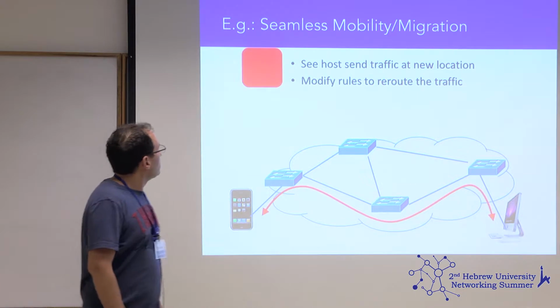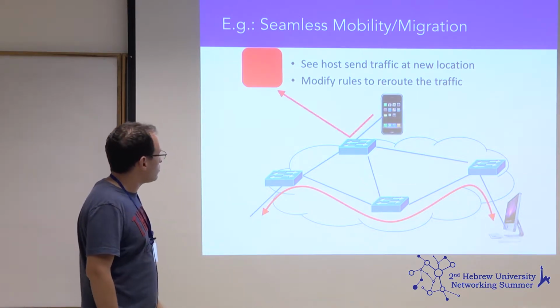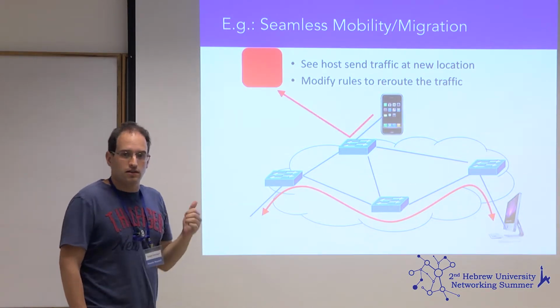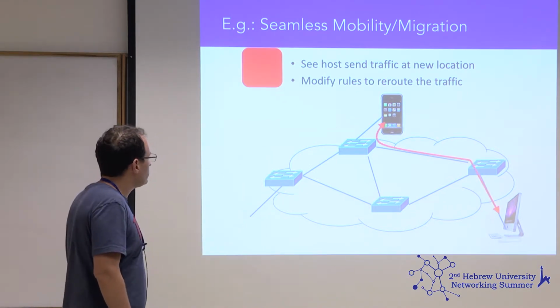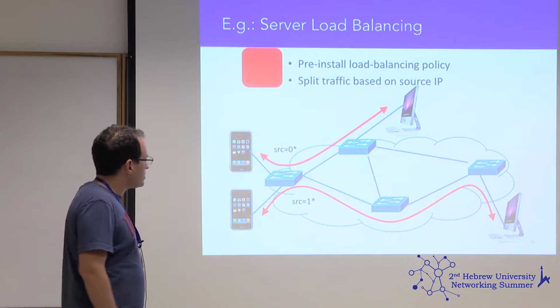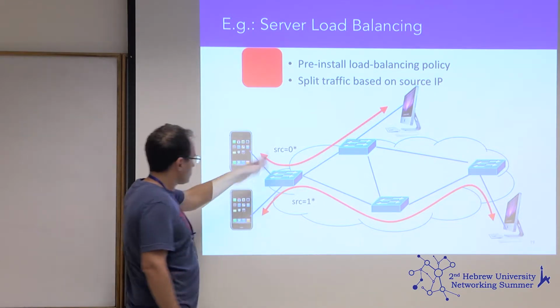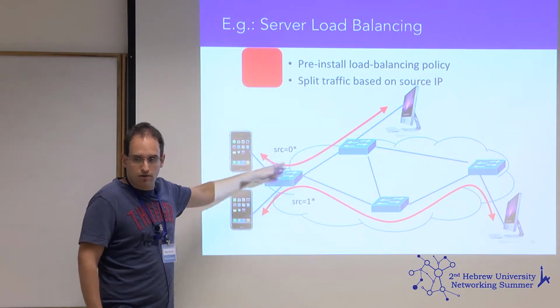You can have mobility. If the phone moves, then the controller can see that the phone has moved and change the policies accordingly. You can have load balancing. This is a simple example. You can just load balance according to some IP address or MAC address or so.